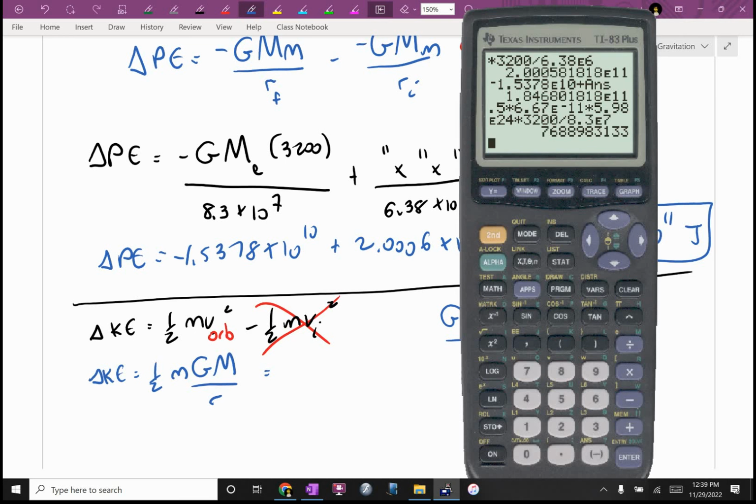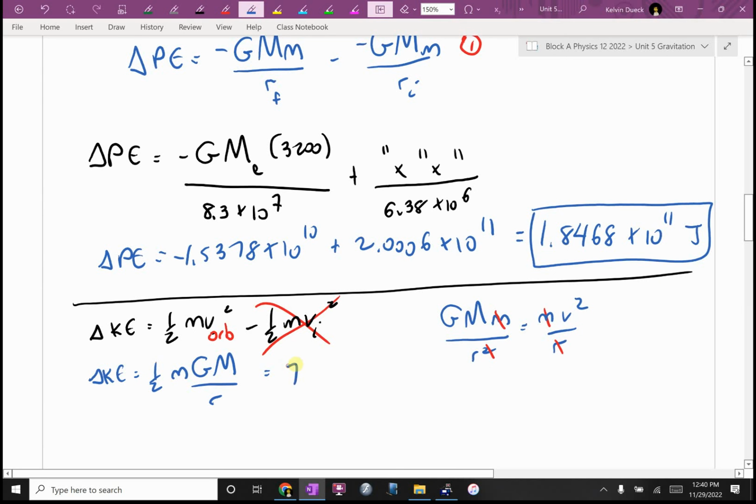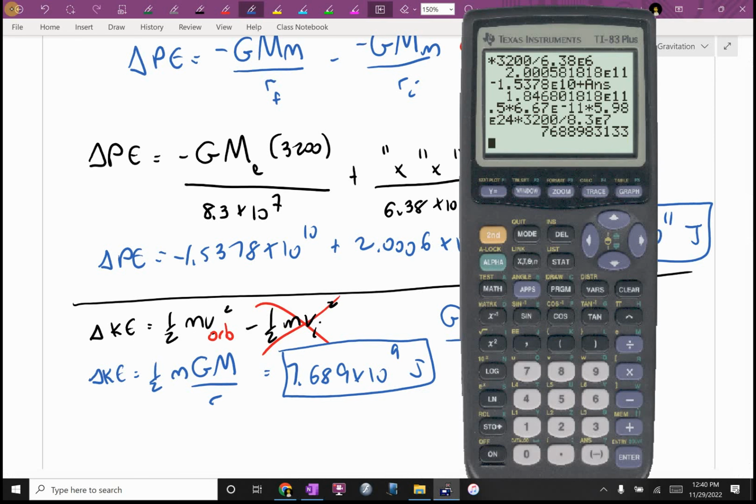Oh, this is kinetic energy, though, so I didn't bother calculating orbital speed. 7.689 times 10 to the 9th. Let me make sure I counted that correctly. 1, 2, 3, 4, 5, 6, 7, 8, 9.